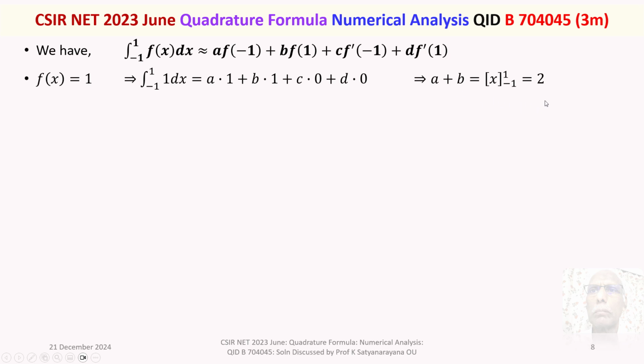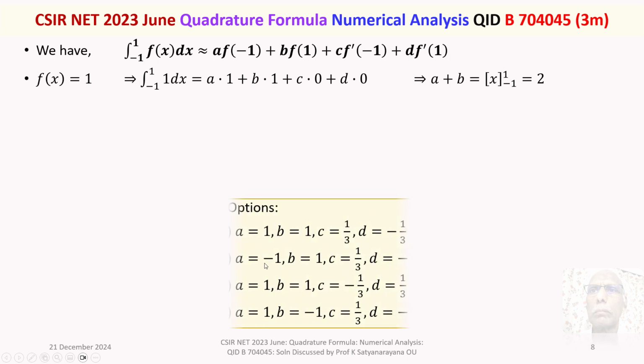A plus b is equal to 2. Call on the options. In option 1, a plus b is 2, right? In option 2, a plus b is 0. Therefore, option 2 is not true. Also, in option 4, a plus b is 0. But we have a plus b is equal to 2. Therefore, options 2 and 4 are not true.